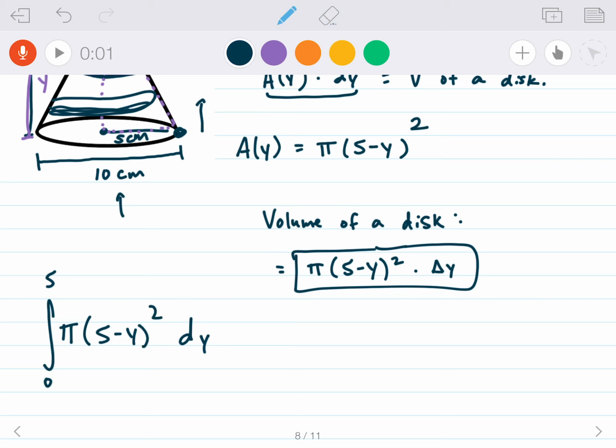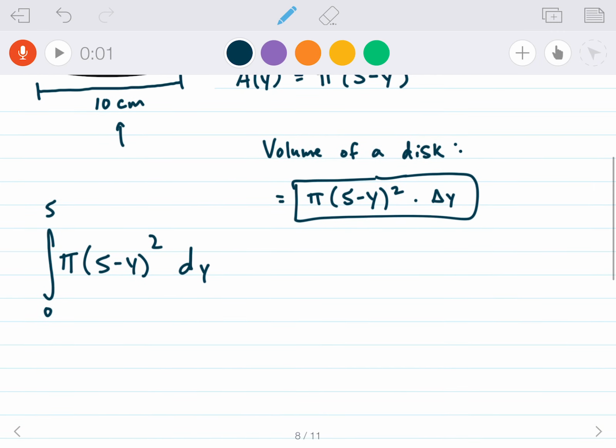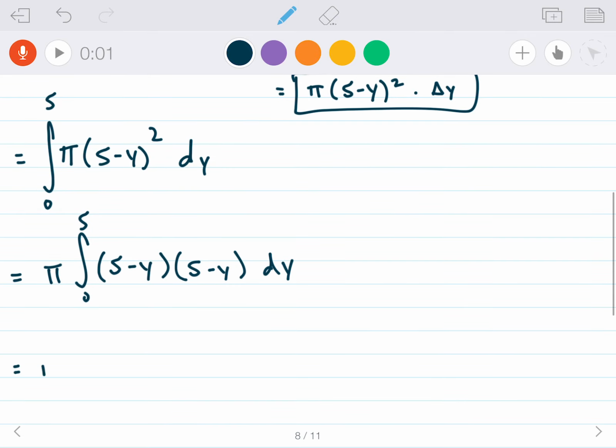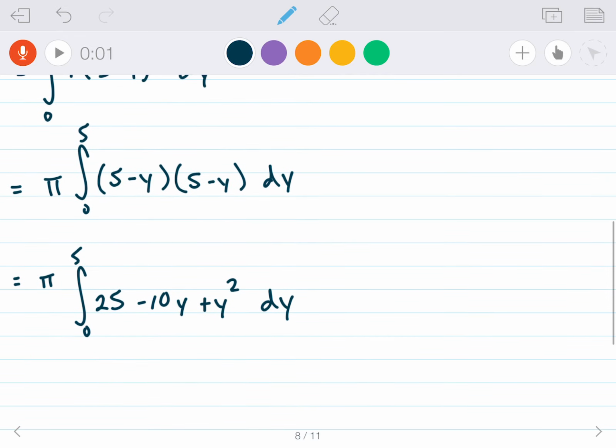All right, beautiful. Now let's evaluate this integral. I'm going to first pull out a pi, and I'm going to expand this 5 minus y squared. Now I'm going to integrate.